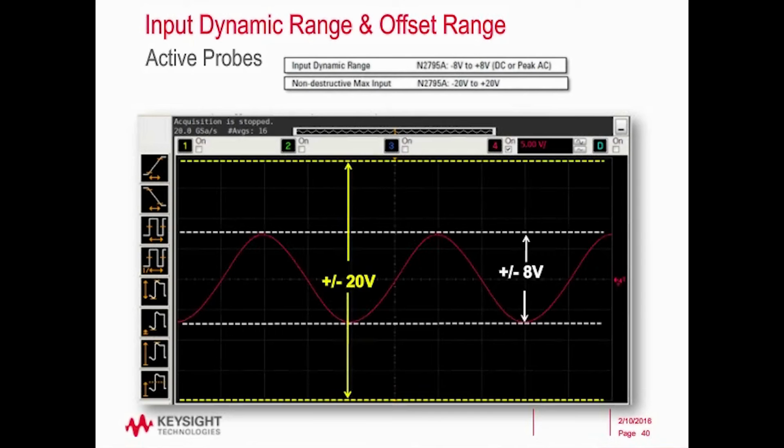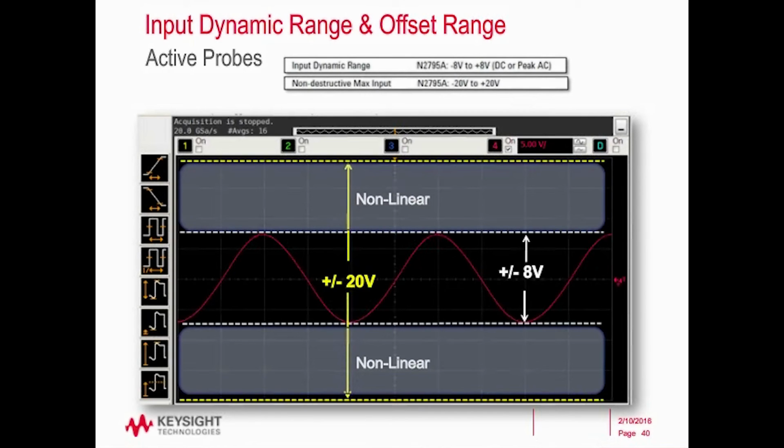This range that is beyond the input range is the non-linear range for the probe. So the plus or minus 8 volts is where the response of the probe amplifier is linear. When you get outside of that, you get non-linear response, and your measurements are going to be inaccurate.